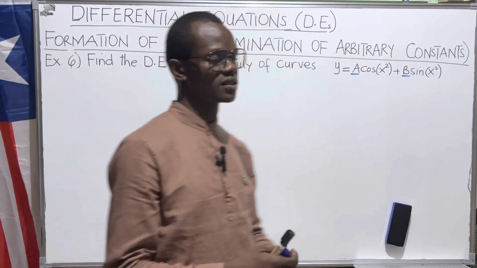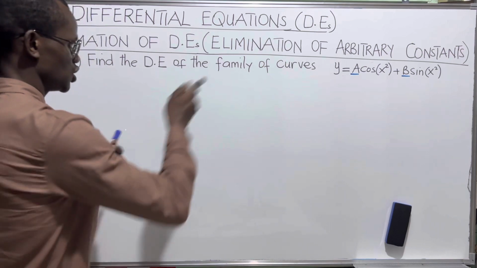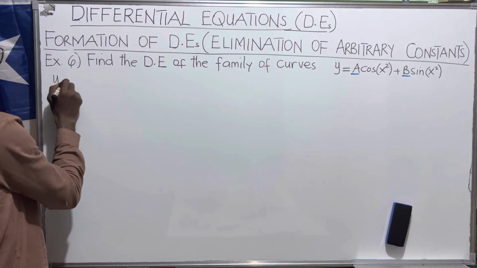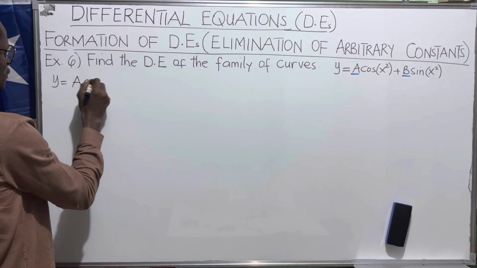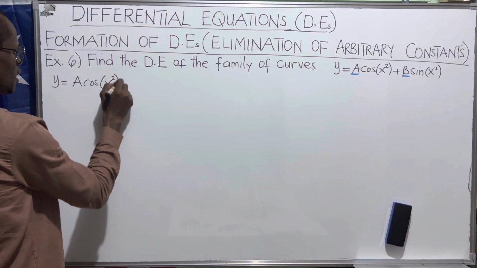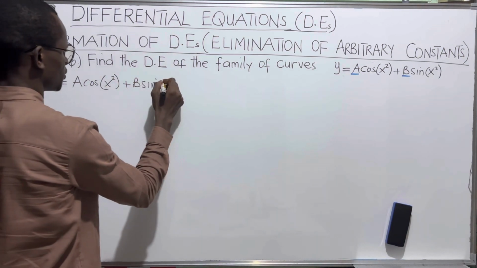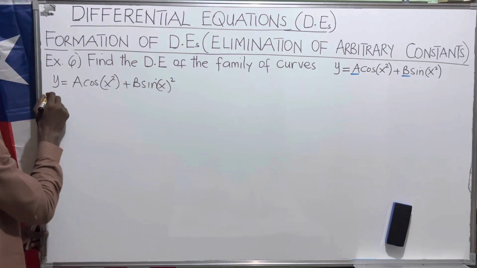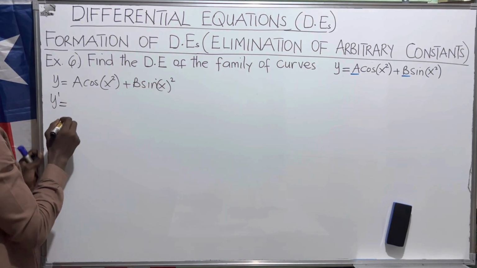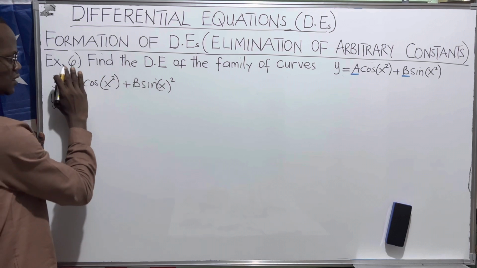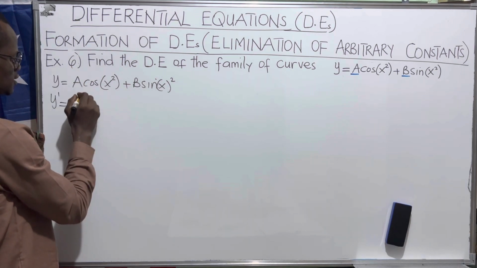Let's get started. We write the equation y equals a cos of x squared plus b sine of x squared. We get the first derivative: y prime equals a, which is a constant, we hold onto it, and differentiate cos.